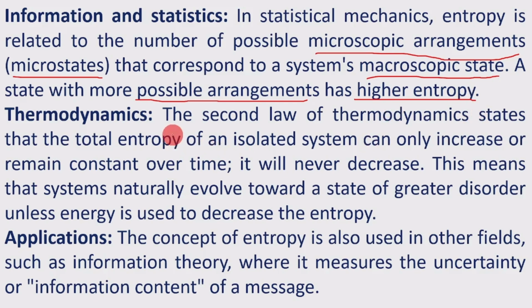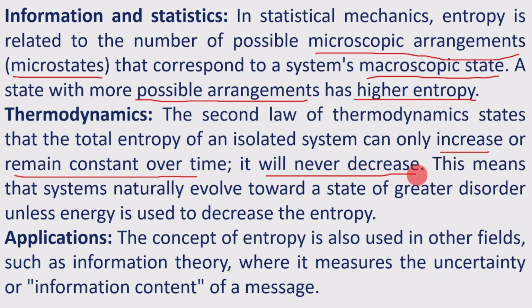In thermodynamics, the second law of thermodynamics states that the total entropy of an isolated system can only increase or remain constant over time. It will never decrease during energy conversion.